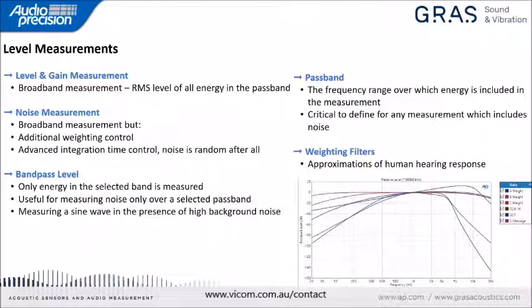All these weighting filters are doing is emphasizing or de-emphasizing, so adding or subtracting gain at different frequencies to try and approximate the human hearing response to energy at different frequencies.